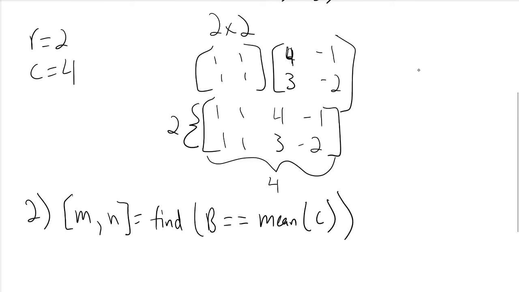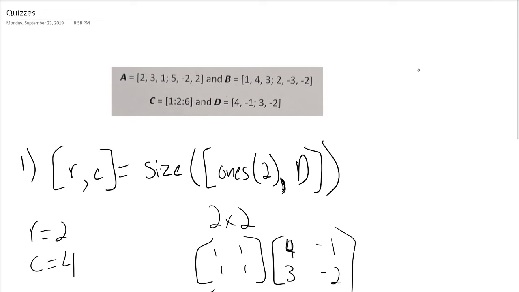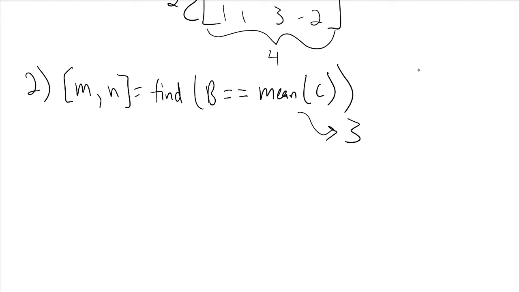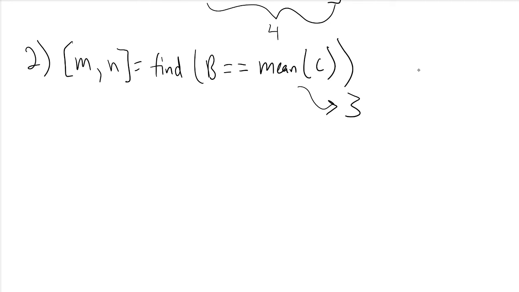So if we real quick look at our C matrix, right, we have 1 by 2 to 6, so we're going to get 1, 3, 5, and the average of those 3 elements is just going to be 3. So basically, we are just trying to find the location of wherever B is equal to our mean, which is 3.